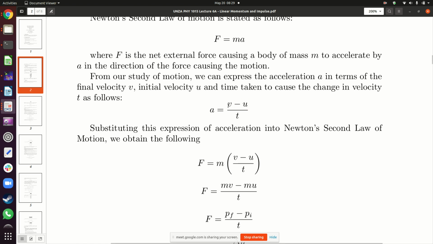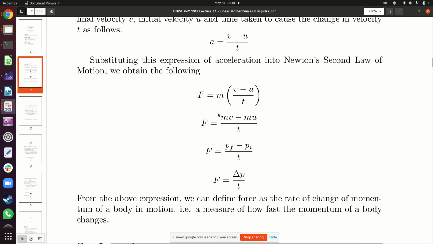The difference between the final velocity and the initial velocity gives us what we call the change in velocity, and this change in velocity divided by the time gives us acceleration. So we have a very good expression for acceleration. We're going to substitute it here. When you do that, we end up having the resultant force equal to the mass times the acceleration, which is (v minus u) divided by t.